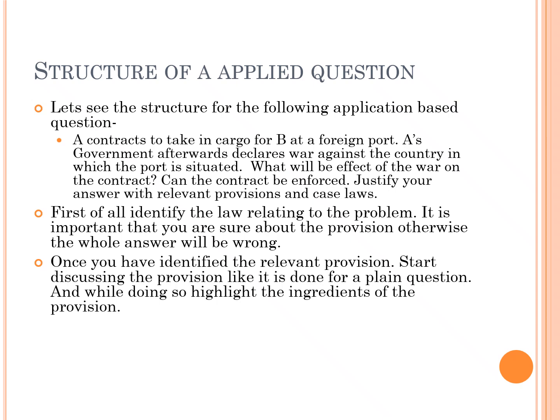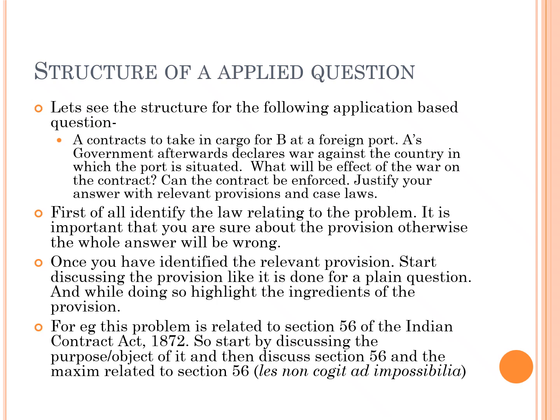Now, after the purpose has been discussed, we should discuss the maxim, that is, lex non cogit ad impossibilia. So this maxim, which is related to section 56, should also be discussed after the purpose. Now, the essentials of section 56 can also be discussed.